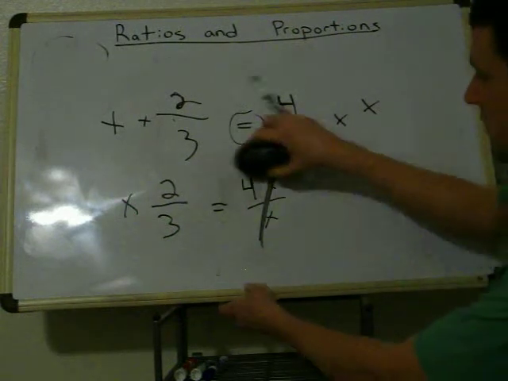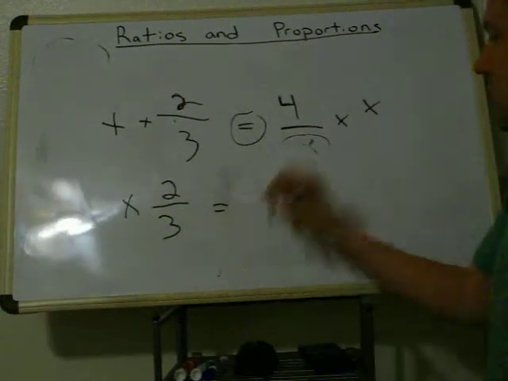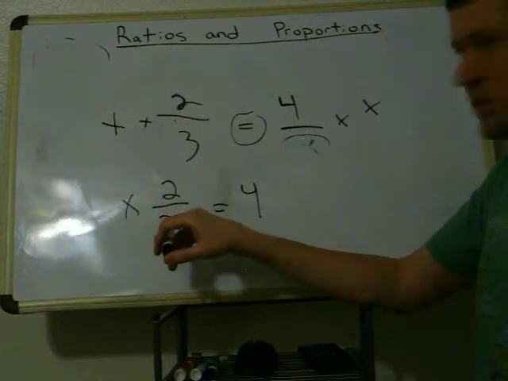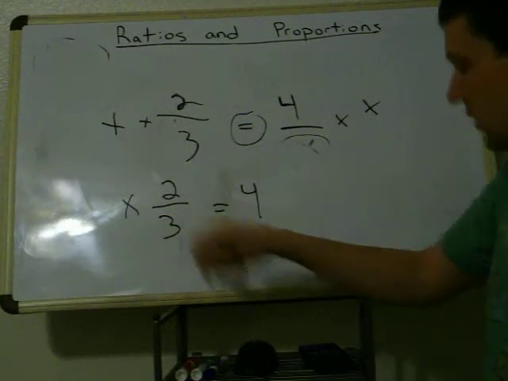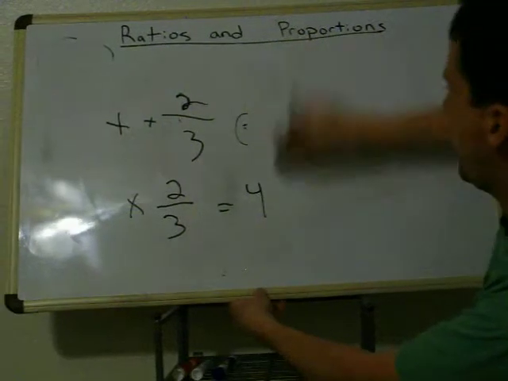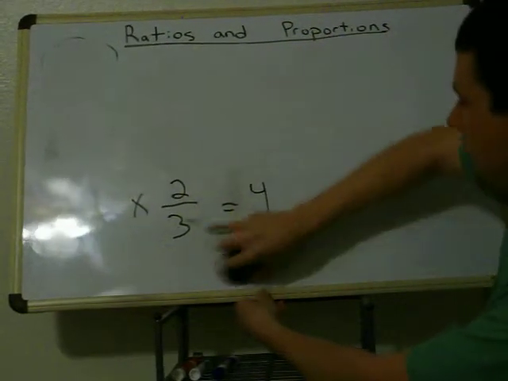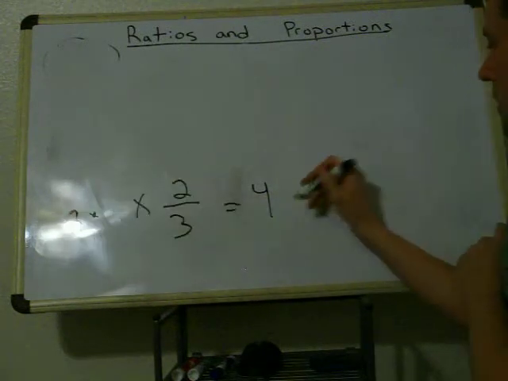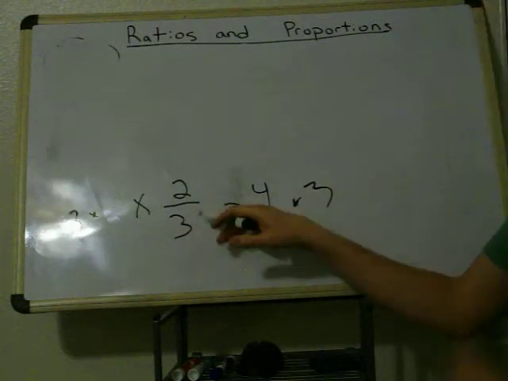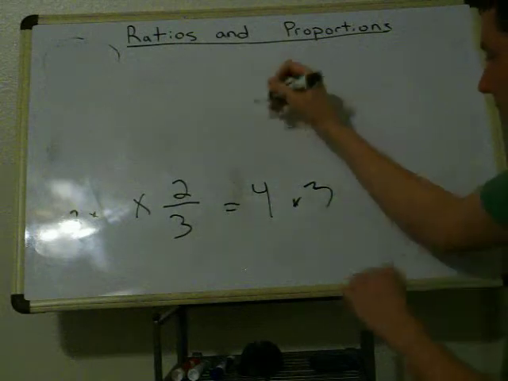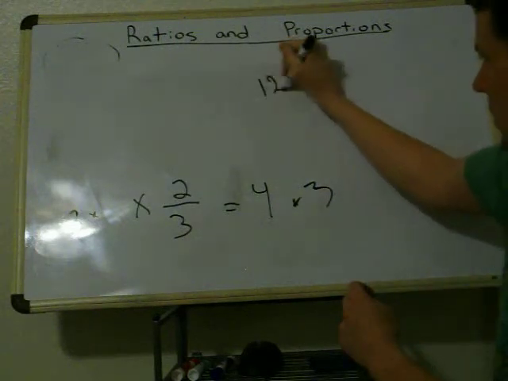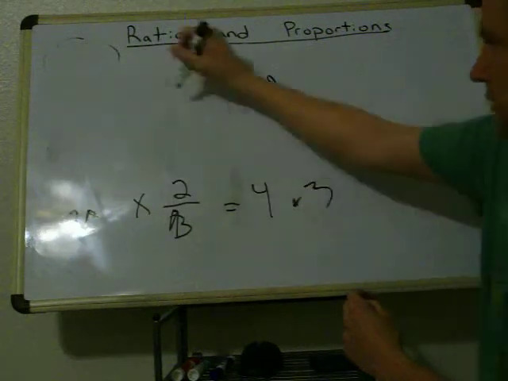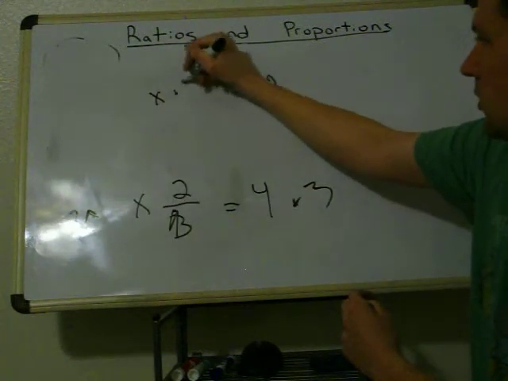We do the same steps as we did before. Okay, so we want to get rid of this denominator. So we're going to multiply both sides by 3. So 4 times 3 is 12, and we have x times 2.